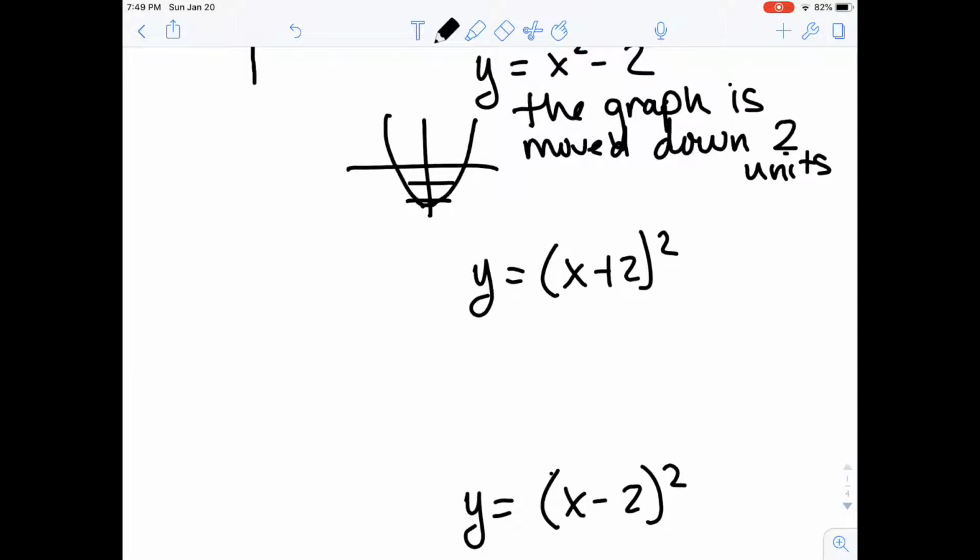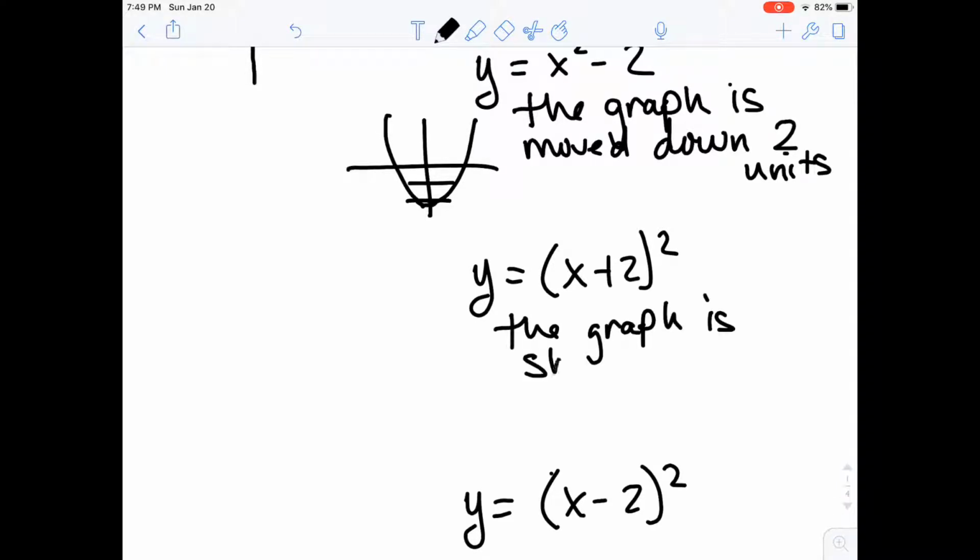Now, it's counterintuitive to what you would think. You would normally think, okay, plus 2, the positive side of the xy graph is to the right, so I must be moving my graph to the right. That's wrong.